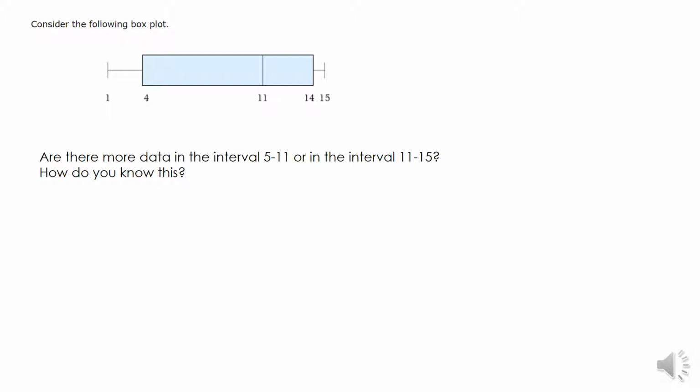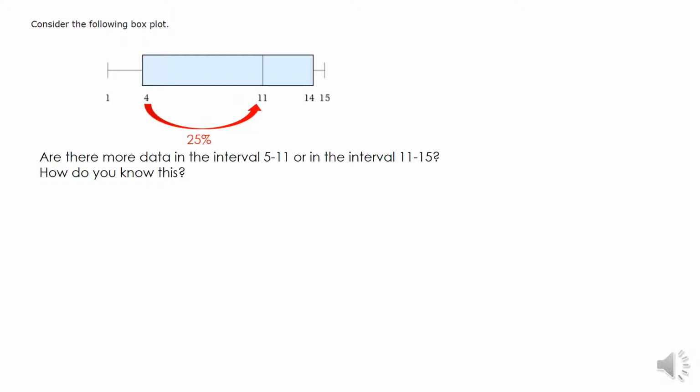To figure that out, we're going to use what we know about box plots. Let's start by looking at the interval 4 to 11. We don't know anything specifically about the interval 5 to 11, but we do know that the interval 4 to 11 contains exactly 25% of the data. We know that because 4 is the first quartile and 11 is the median.